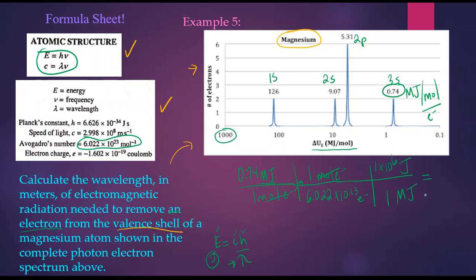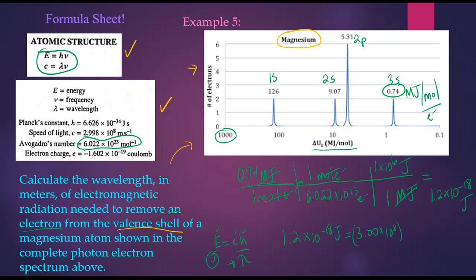When I do this, the megajoules will cancel, and I end up with joules, so this would be 1.2 times 10 to the minus 18 joules. And now that I have that value, I can plug it in down here. So 1.2 times 10 to the minus 18 joules equals the speed of light.